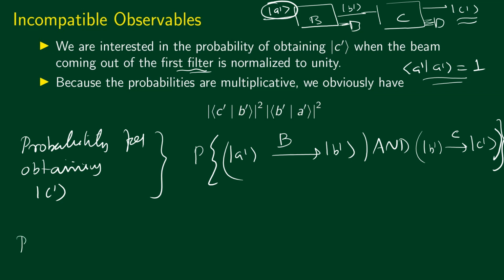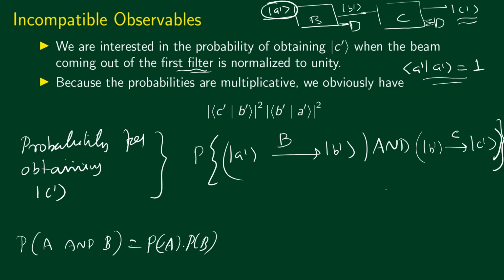We know from the basic rules of probability that P of A and B is equal to P of A multiplied by P of B, because these two things have to happen. So in order to get the total probability, we have to multiply these individual probabilities.